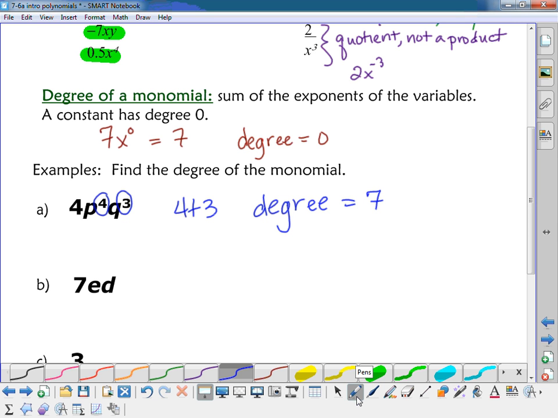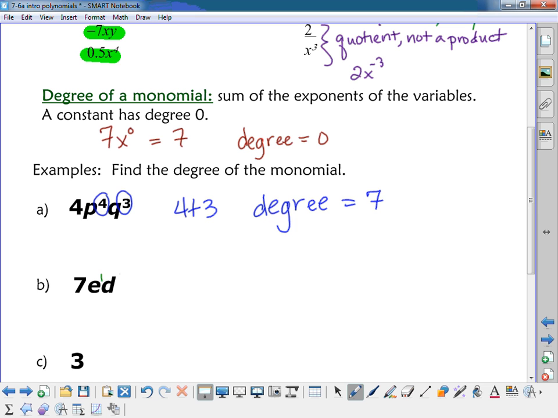Now on example B, I have an E and a D. It looks like there's no exponents, but when a variable doesn't have an exponent, what do we assume it has? It has a 1, right? The E has a 1 and the D has a 1. So it's actually second degree, okay? So you just have to watch out for that.